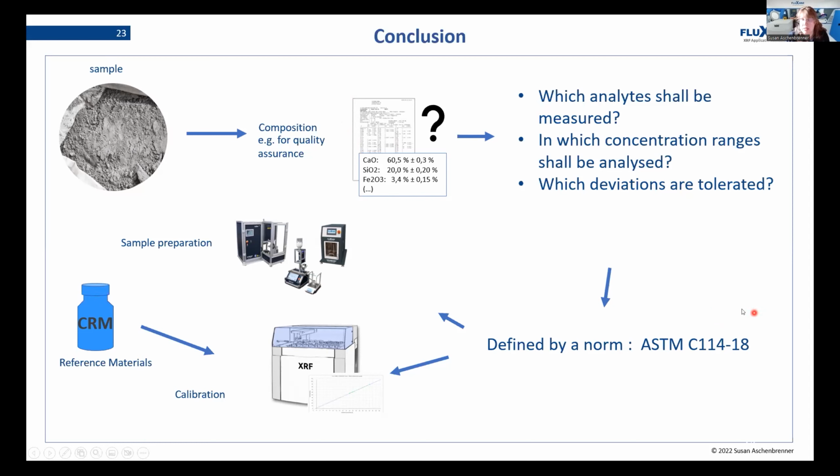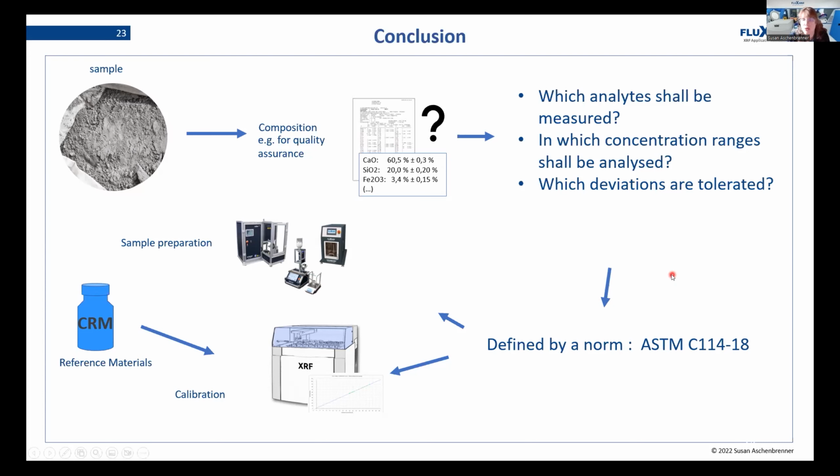And this norm is the ASTM norm we were talking about today, the ASTM C114-18. I showed you some of the essential things which are actually in this one table.